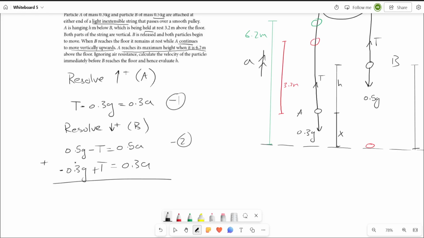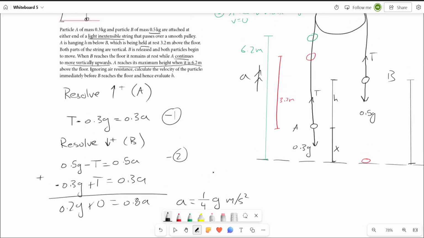So 0.5 g plus negative 0.3 g is 0.2 g, plus T minus T which is 0, equals 0.8 a. So this gives me an a value of 0.2 g over 0.8, which is going to be 1 over 4 g meters per second squared. This is my acceleration.